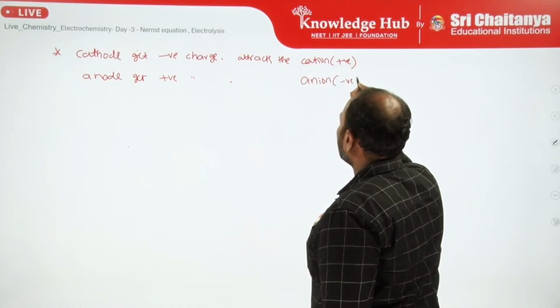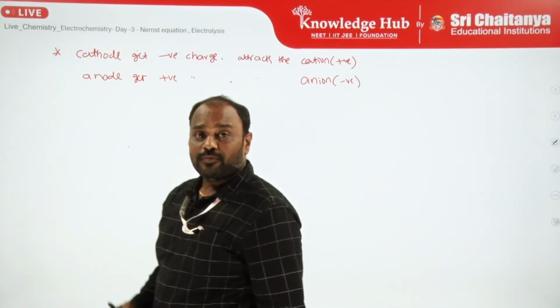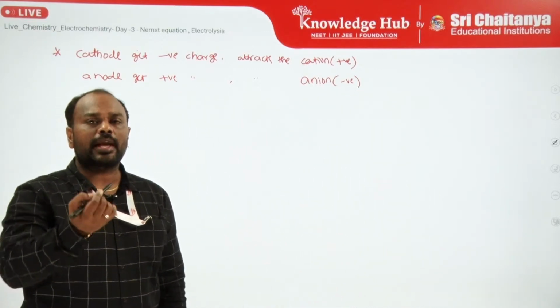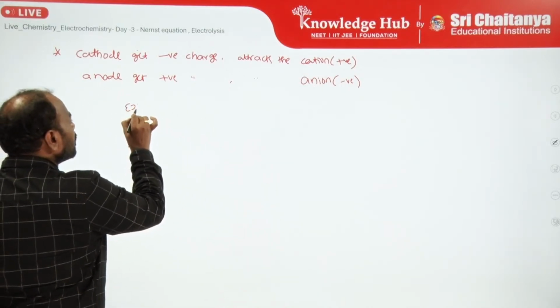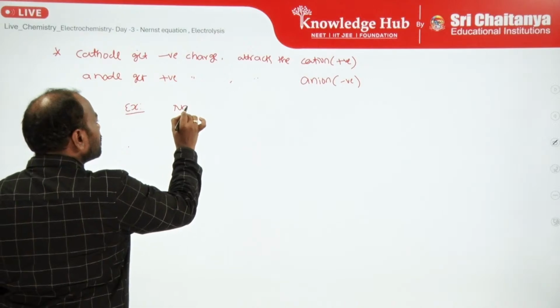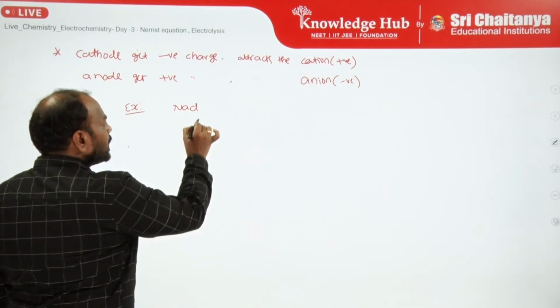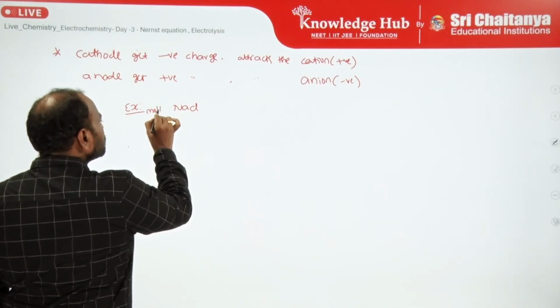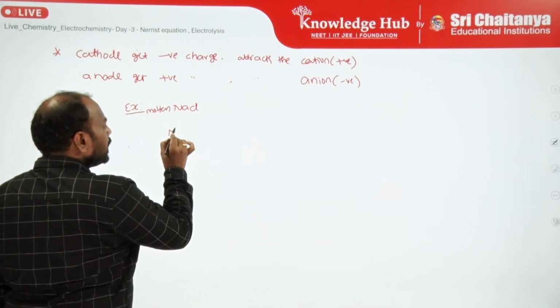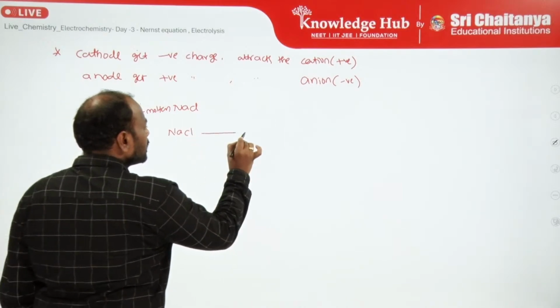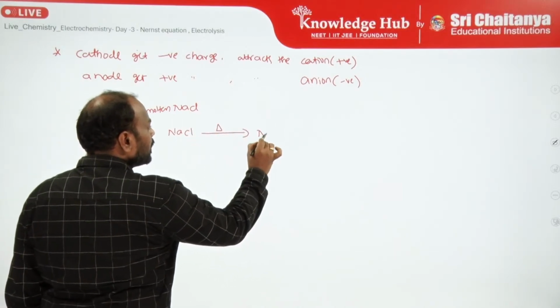Anion charge is negative. So what happened? Which reaction takes place at the cathode? Which reaction takes place at the anode? Let us take the example of molten NaCl. Molten NaCl means only sodium chloride is present. On heating, what happened here?